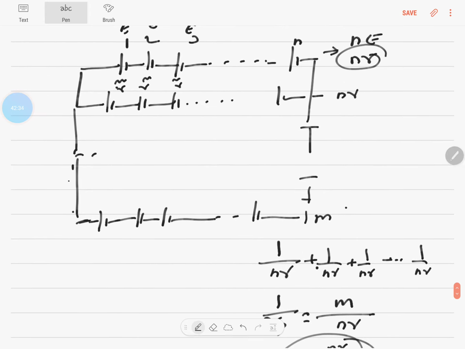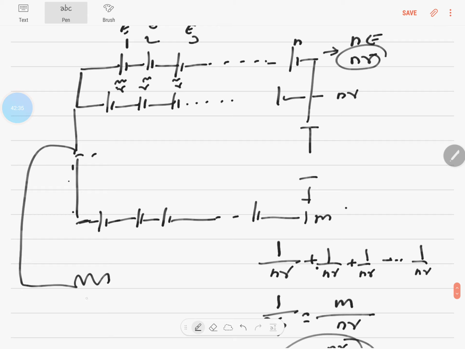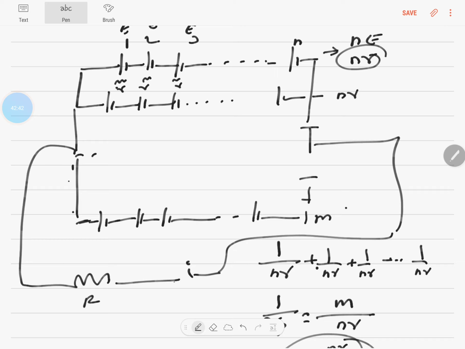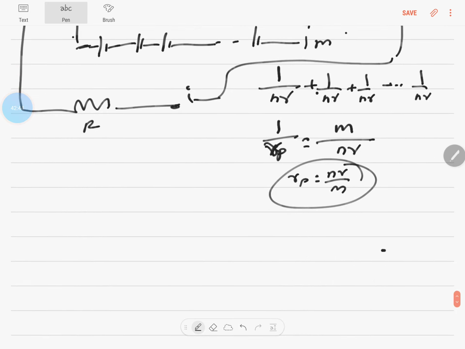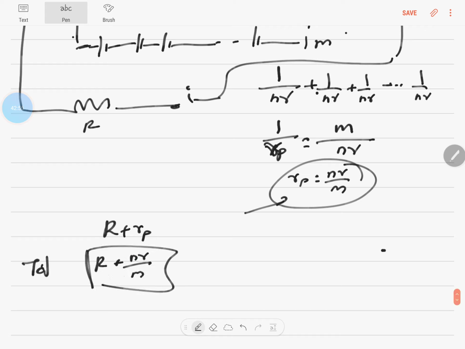Suppose this entire setup is connected to an external resistor, capital R, and then a key, and you know it's getting closed like that. Can you imagine? In that case, the total resistance is capital R plus small r. So capital R plus RP is the total resistance, which is capital R plus nr by m. This will be the total resistance of the entire circuit.